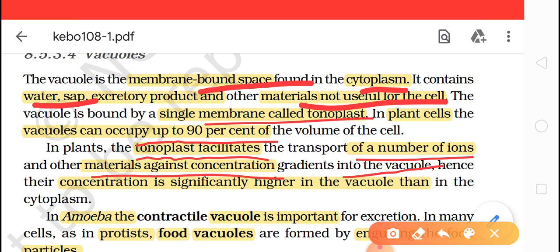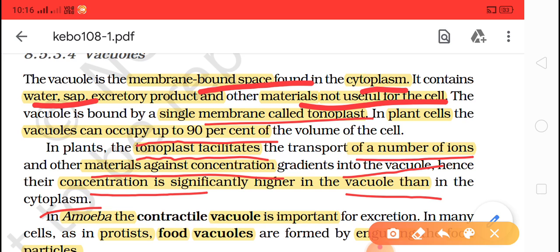Hence their concentration is significantly higher in the vacuole than in the cytoplasm.